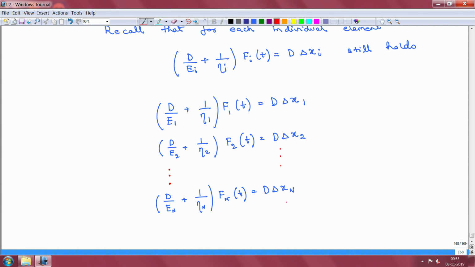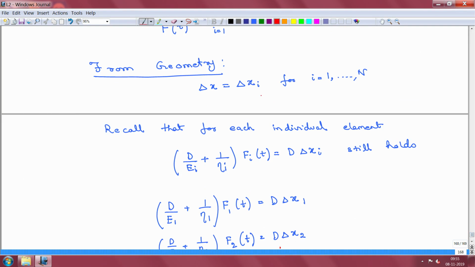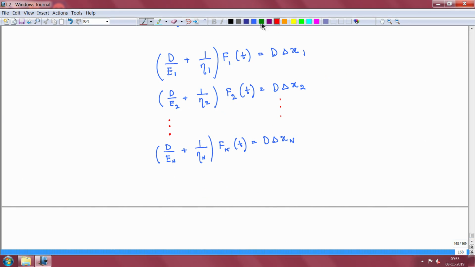Now, from the geometry constraint, we had said that the deformations are going to be the same in all cases. So, what we can do is drop this subscript from all these different terms, because they are all the same. I am just going to go on and delete all the different subscripts. But for the force, the subscripts cannot be dropped.